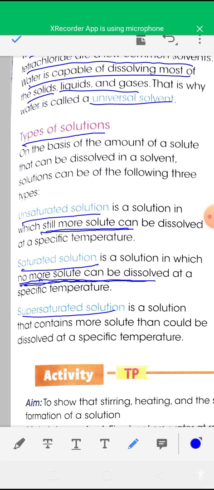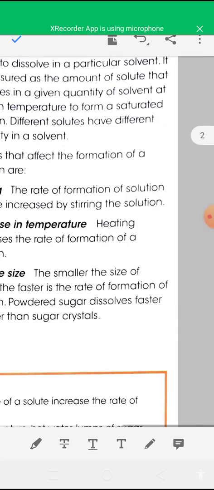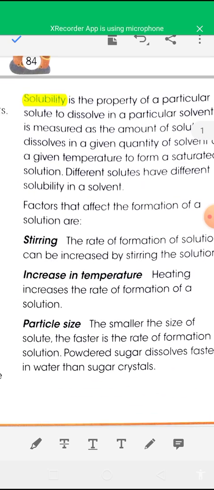It is a solution that contains more solute than could be dissolved at a specific temperature. So these are the three types of solution: saturated, unsaturated and supersaturated.